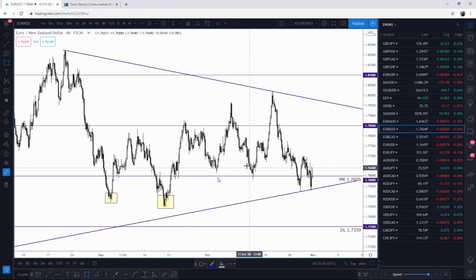Like here, within this relatively small range, what could give me that early indication to buy here or early indication to sell here, right?